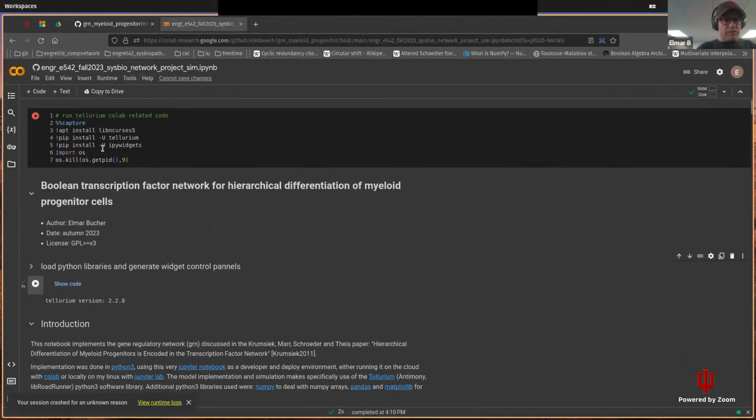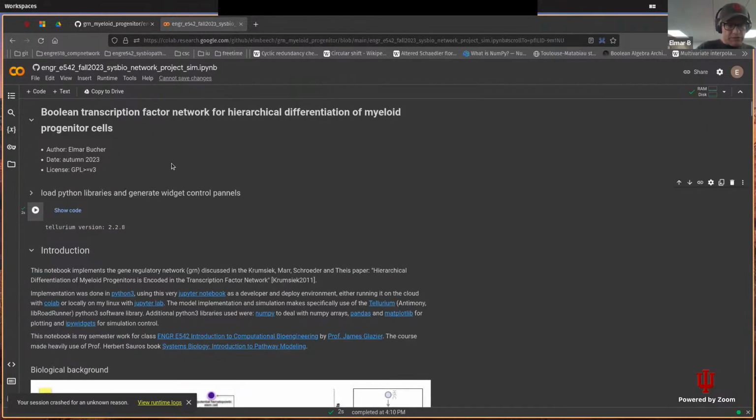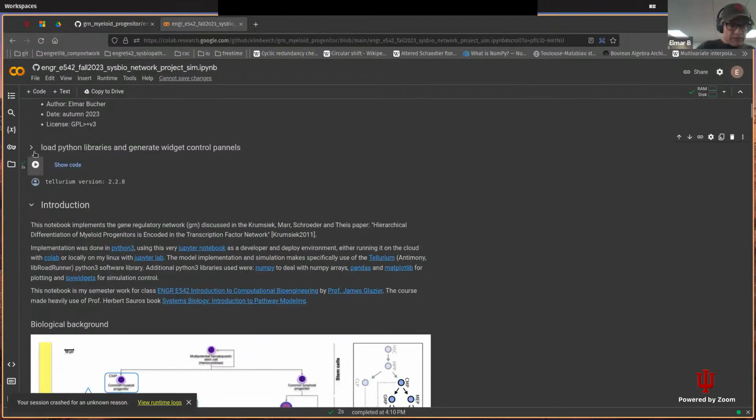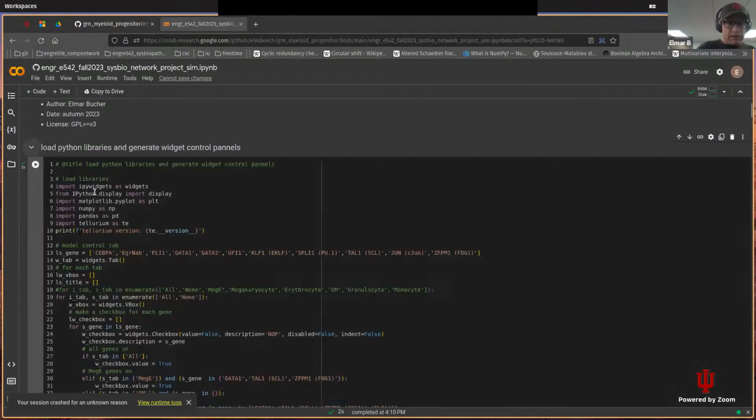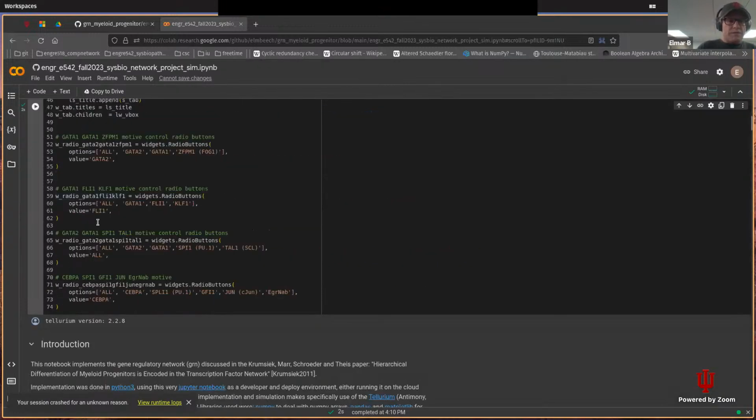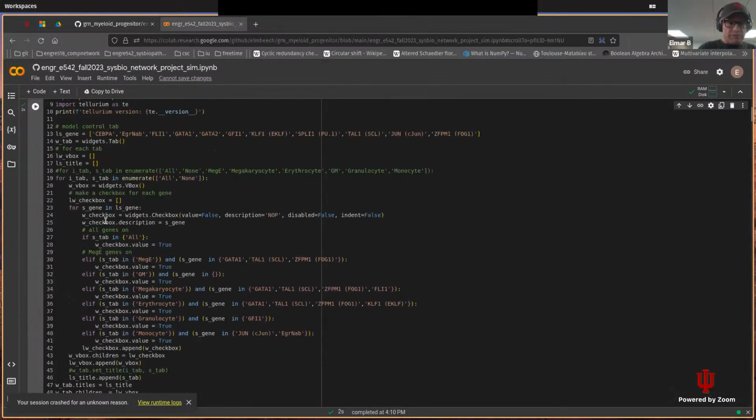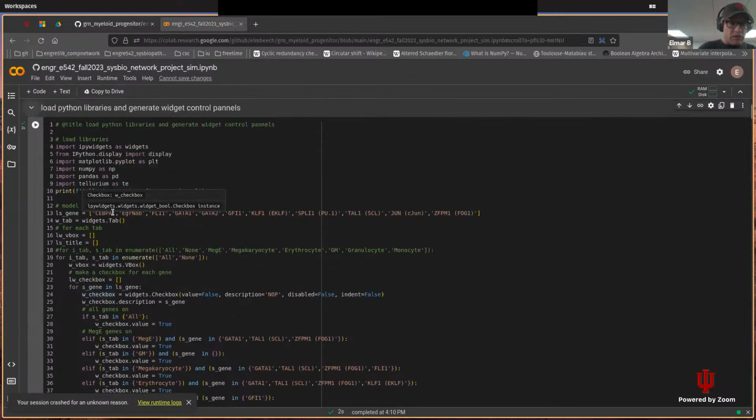I already ran the first cell that we have to run to install the C libraries, and I already ran the cell where I generate my controls to control the widgets, and I load my Python libraries. So let's go to the introduction.